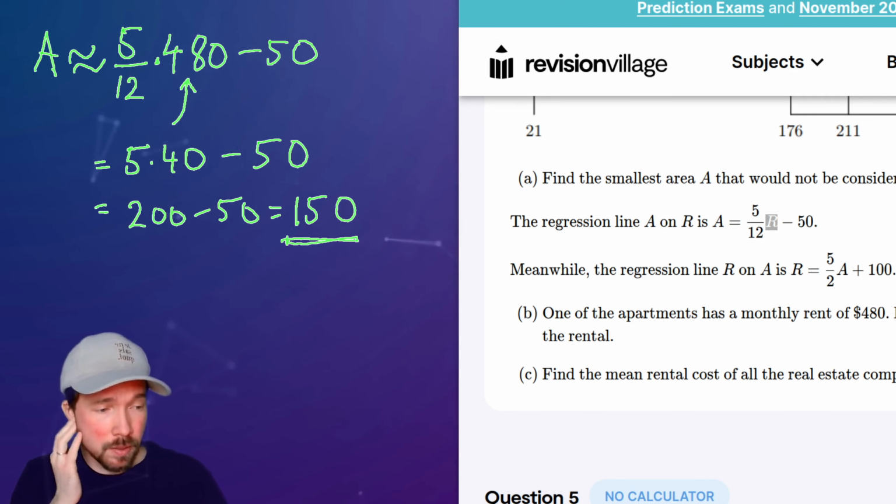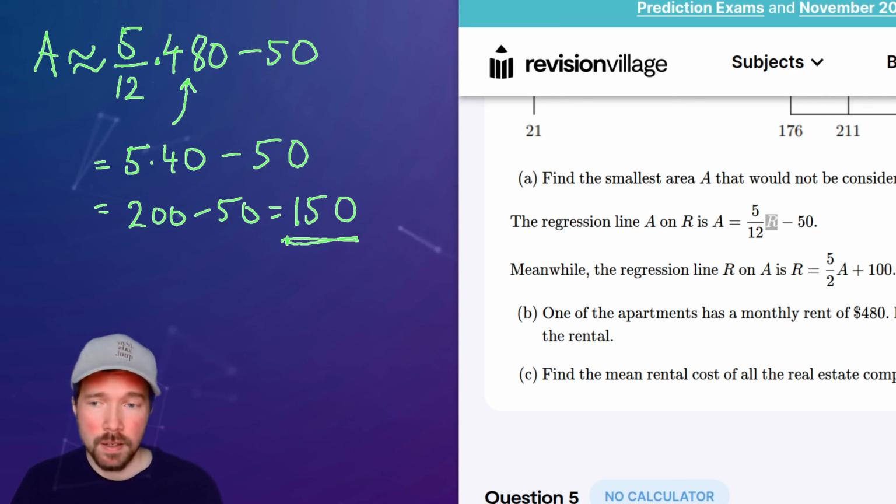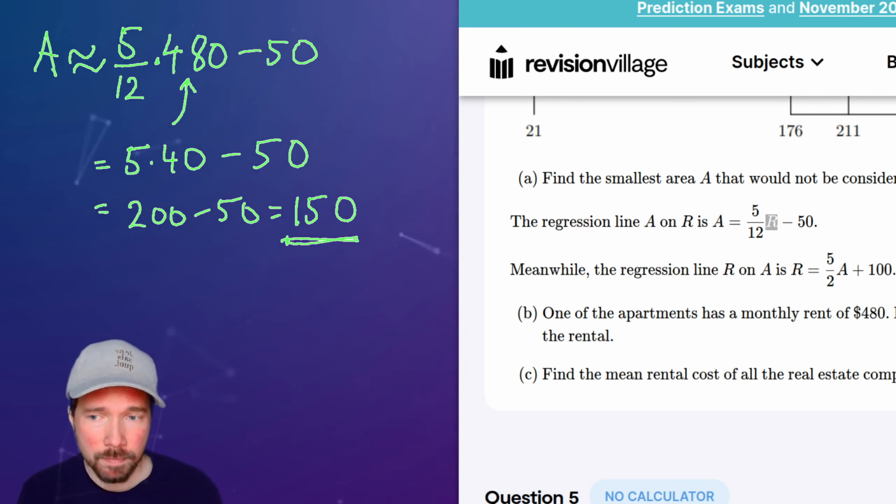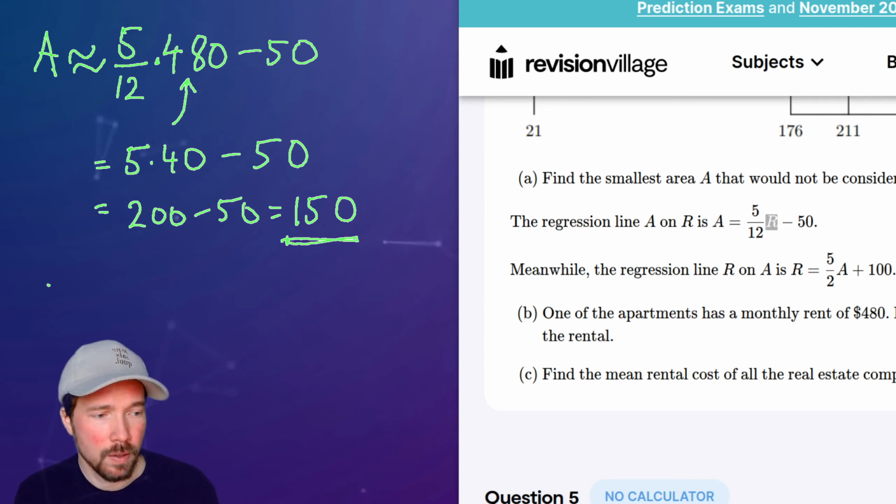Okay, what does it mean, intersection of these two lines? It means that it's some point which satisfies both of these equations.